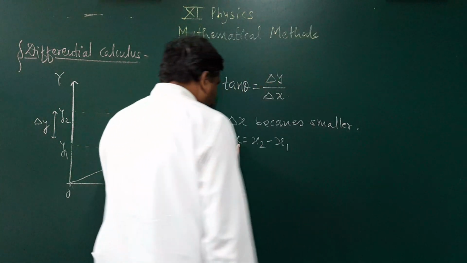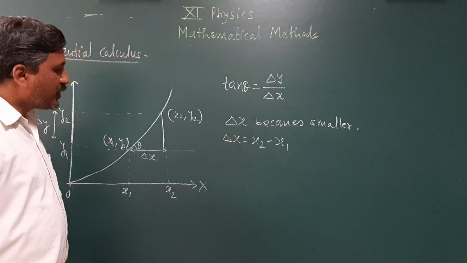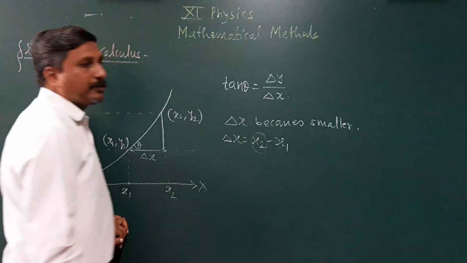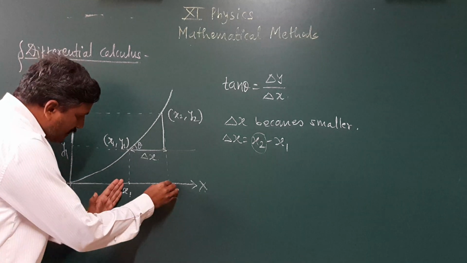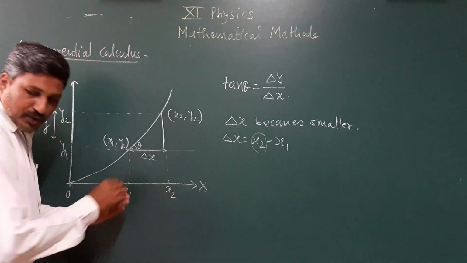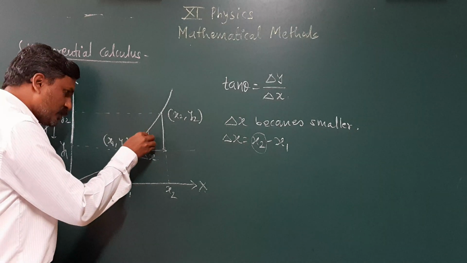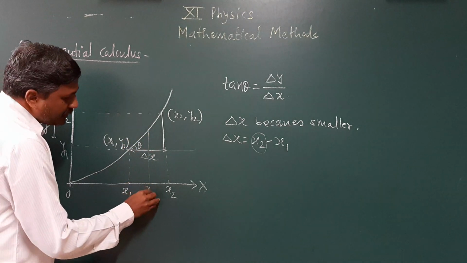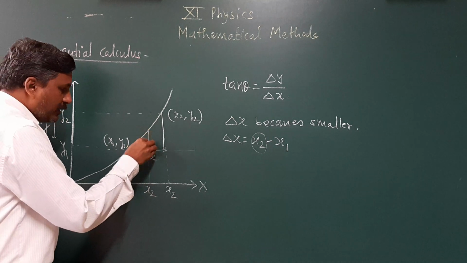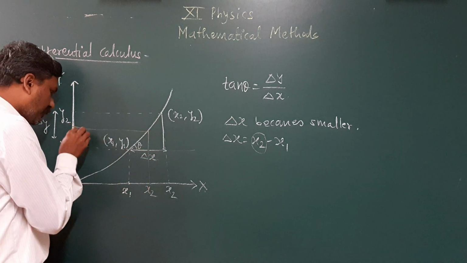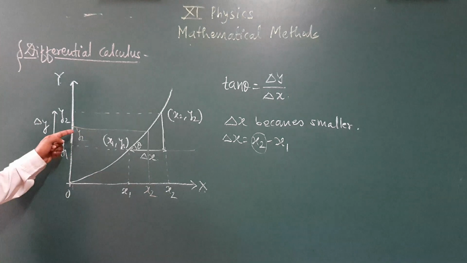Now when this delta x becomes smaller, when this x2 becomes smaller, let me see, x2 becomes smaller. Now this x2 comes to this part. This is my new position of x2. At the same time, y2 is also smaller.